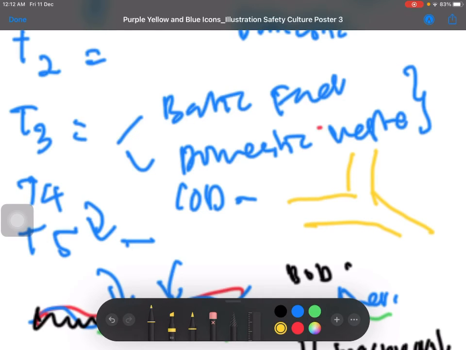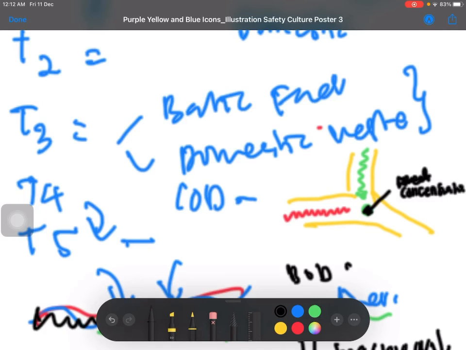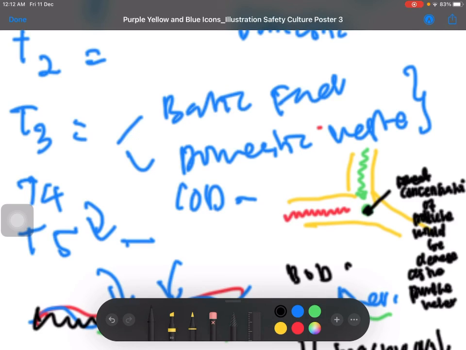When polluted water and unpolluted water meet here, the concentration of the pollutants decreases as the purified water adds its volume.